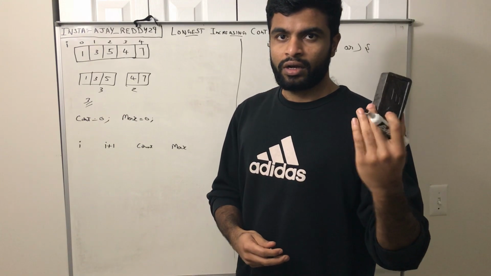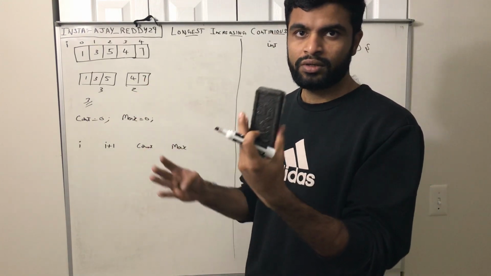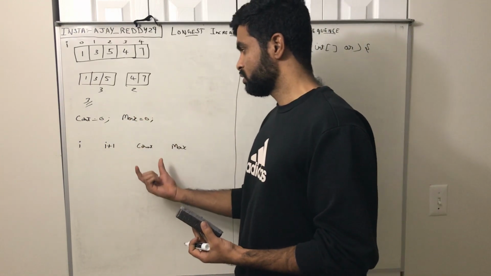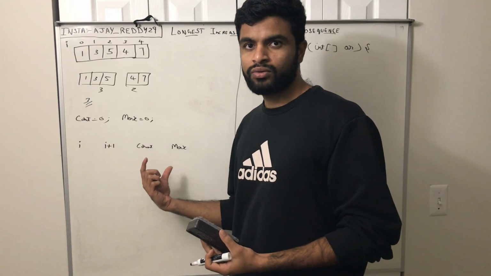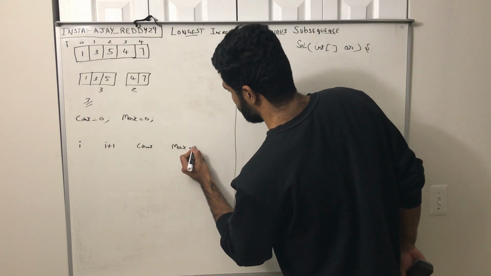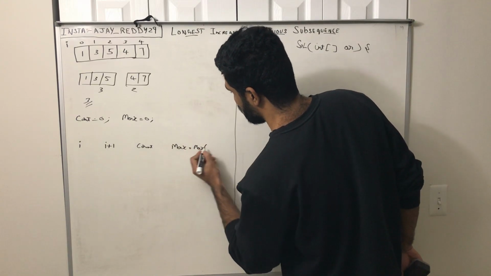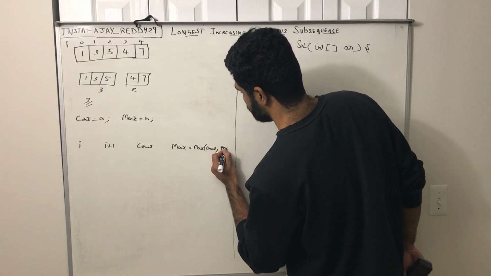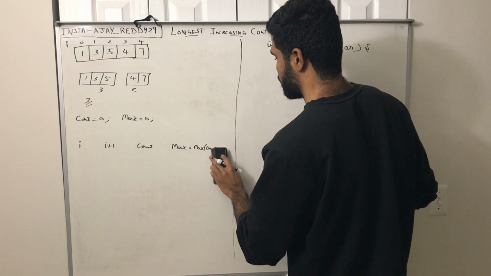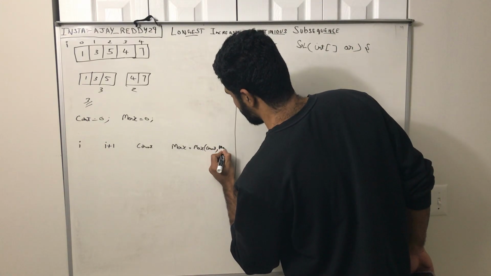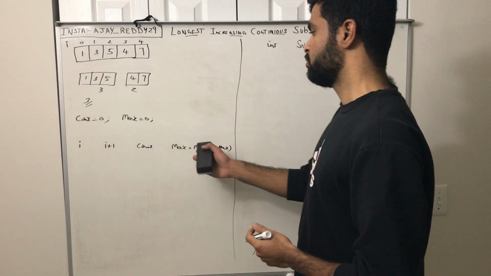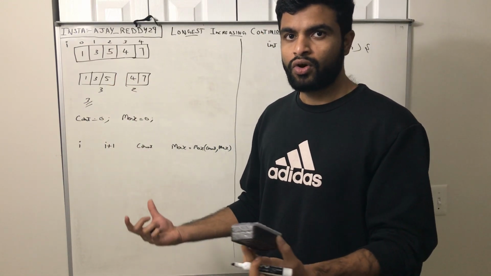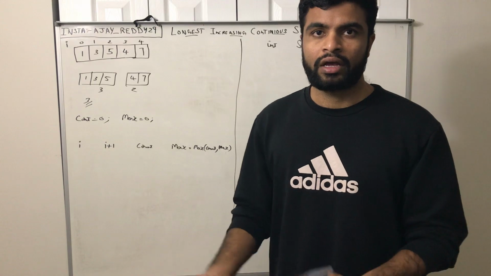That way the count will start again from 0 from the next element. For each iteration I will also update the max value, which will be max of count and current max. That way by the end of the iteration I will get the max count of the array in this max variable, and I can return that one.